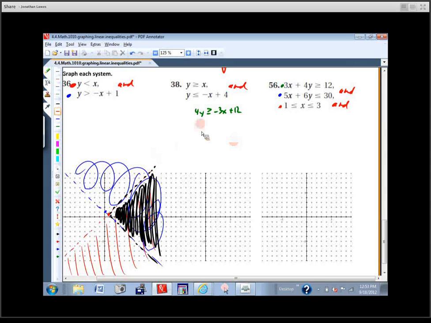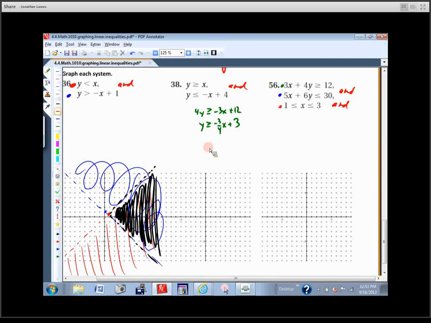If I divide everything by 4, I get y is greater than or equal to negative 3/4 x plus 3. Is everybody okay with that work done in my head? I did it right, didn't I? I'm prone to make mistakes here with numbers. Good? Okay, solid or dotted?